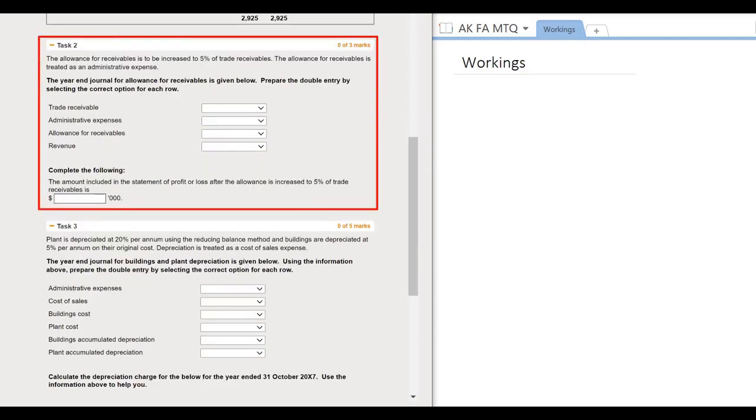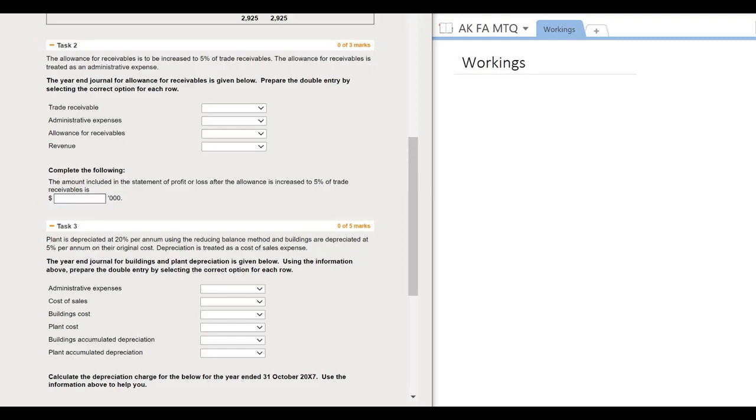2. In this particular task, you are being asked to calculate the allowance for receivables that's going to be increased to 5% of the trade receivables, as well as think about the double entries that would appear. Now, to attempt a question like this, I would encourage that you think about the calculation of the allowance for receivables at year end. What do we know?